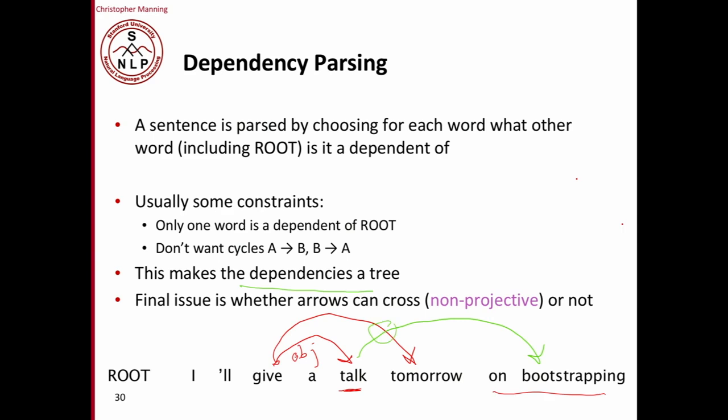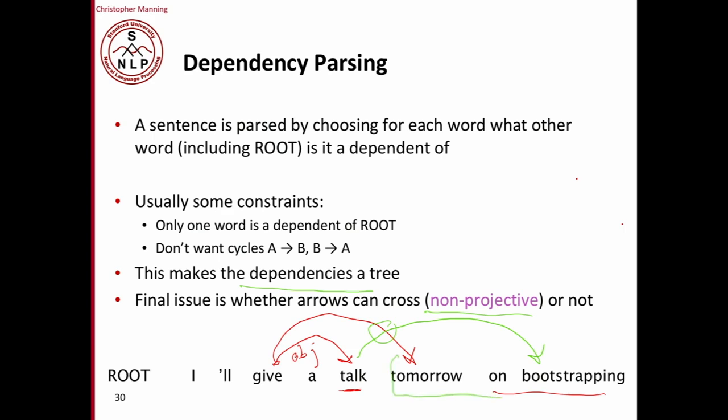And that's rare. That doesn't happen a ton in English, but it happens sometimes in some structures like that. So what we say is that the parse of a sentence is projective if there are no crossing dependencies, and it's non-projective if there are crossing dependencies. Most of the time English is projective in its parses of sentences, but occasionally not.